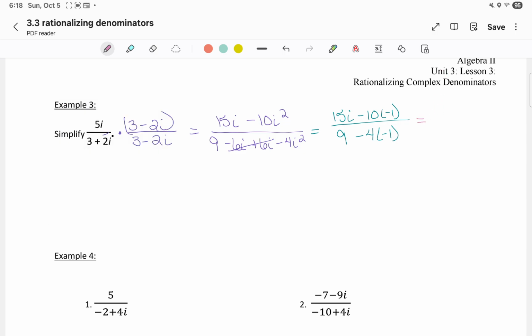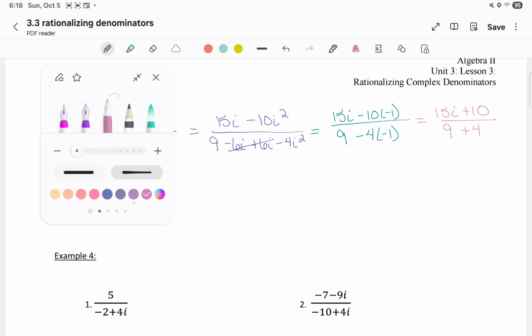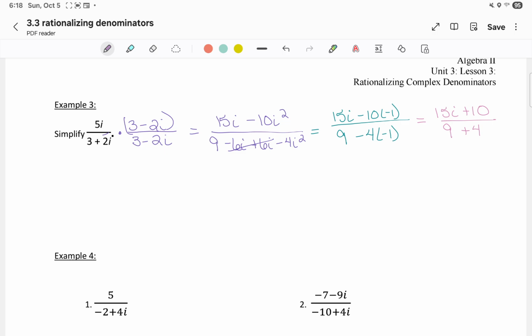And then we are going to simplify those things. So we have 15i plus 10 over 9 plus 4. And so that leaves us with 10 plus 15i over 13.